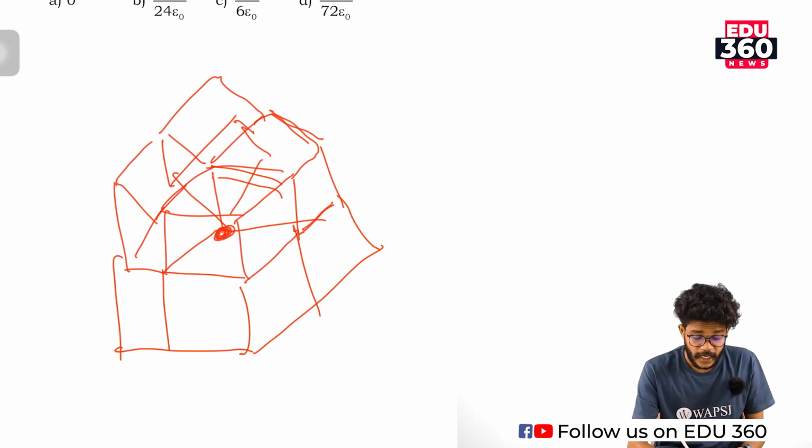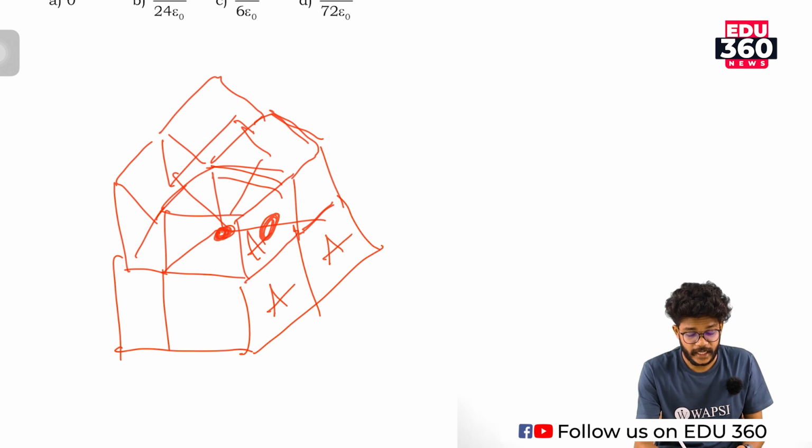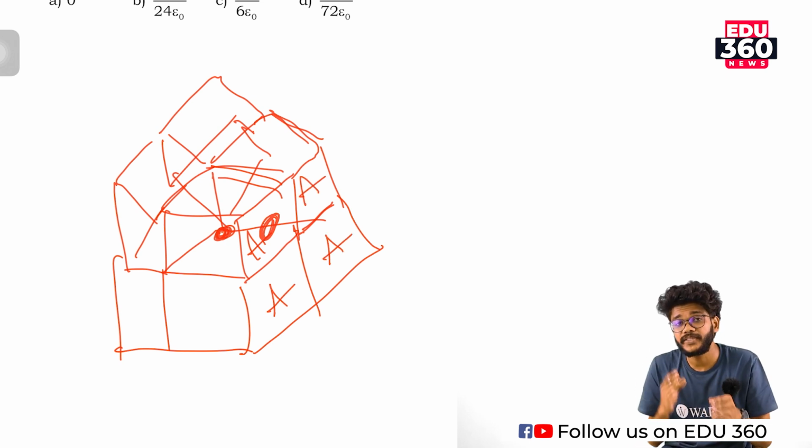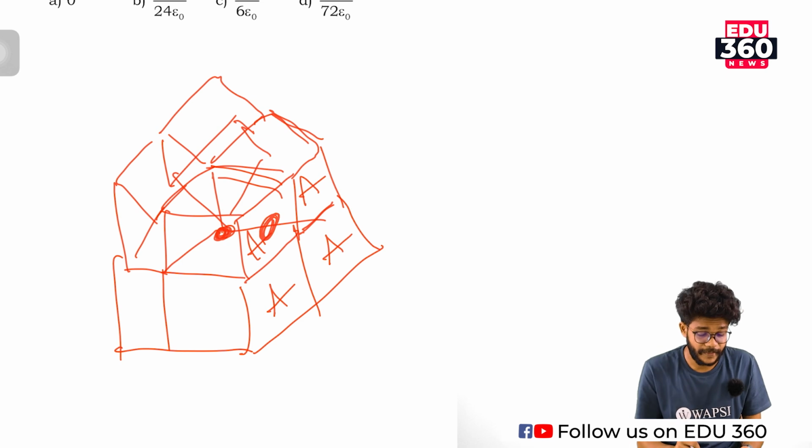Here we have an area A, here we have an area A, here we have an area A. So each face has 4 areas. So how many sides do we have? 8 sides into 4 area.